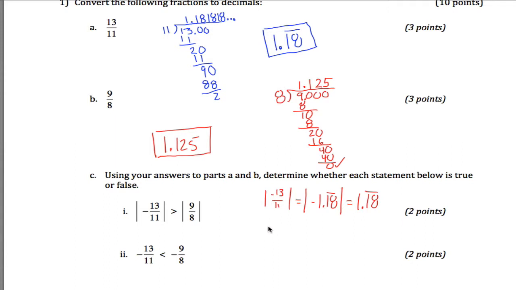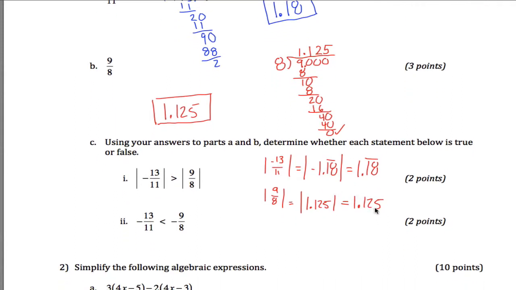Then the absolute value of 9 eighths is the same as the absolute value of 1.125, which is just 1.125. Then we compare these two. 1.125 is less than 1.1818, right? 8 is bigger than 2. So this one up here is bigger, which means this is bigger. So this is true.